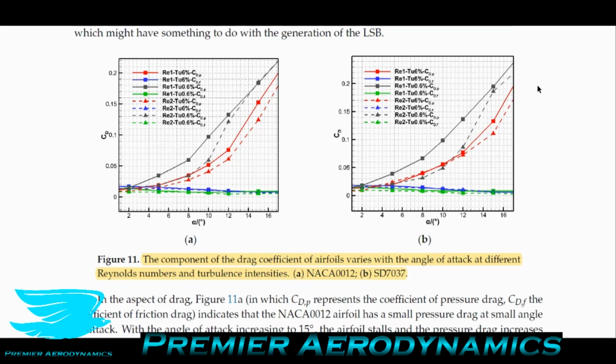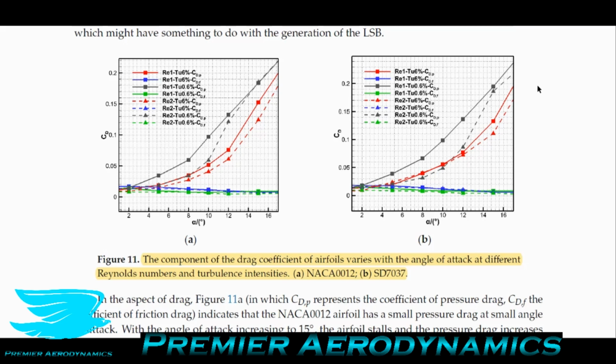Now, the benefit of a high turbulence intensity is that because an airfoil doesn't have that much friction drag compared to the pressure drag, the reduction in the pressure drag is greater than the increase in the friction drag, which means that overall, a higher turbulence intensity will reduce the drag of an airfoil in these Reynolds numbers for these two airfoils. So that's pretty cool.